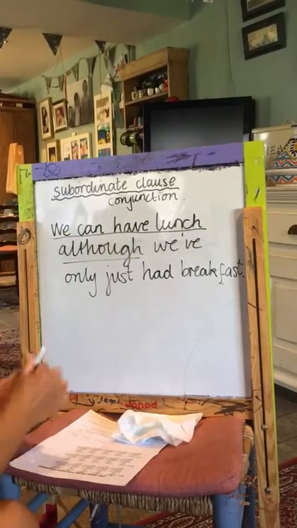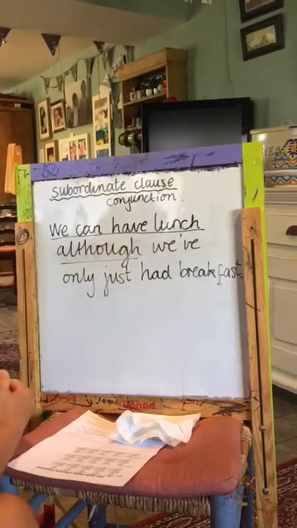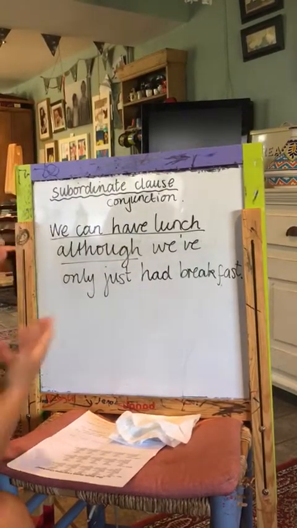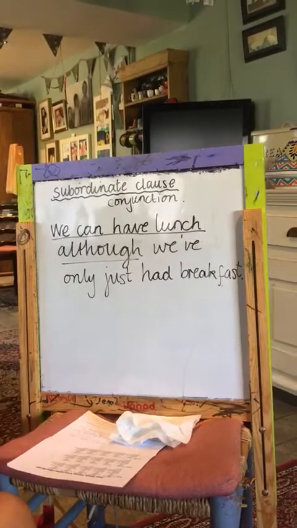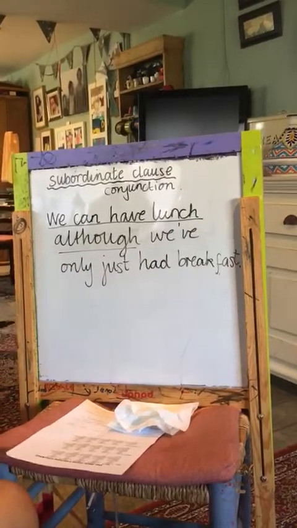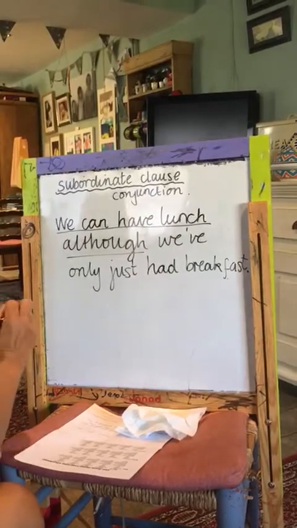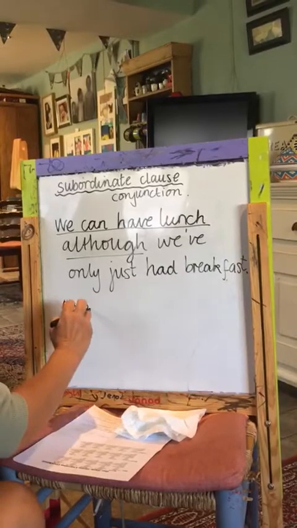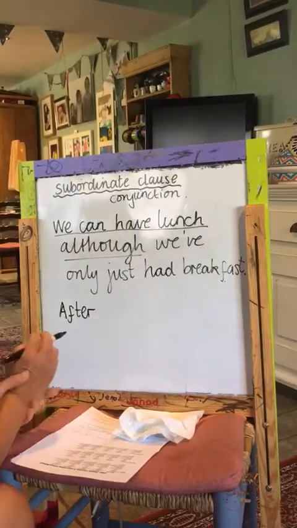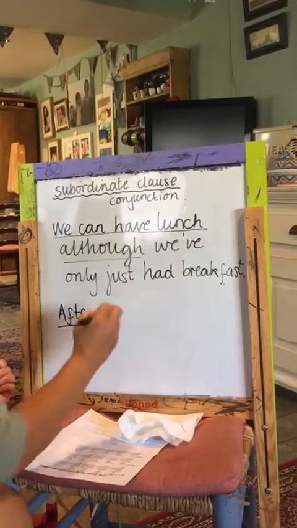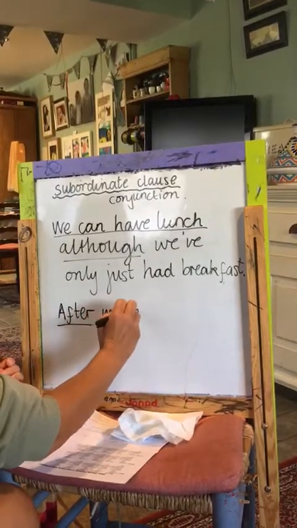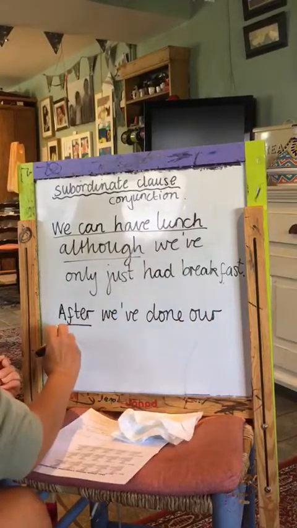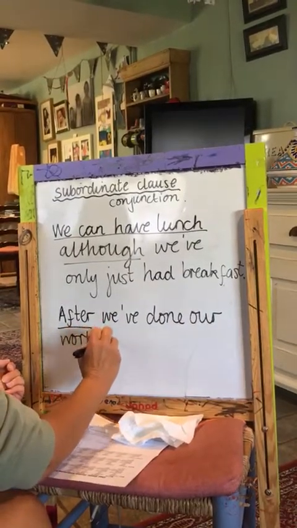What I love about these is that you can also vary where you put your conjunction. So what we could do is still stick with our main clause, we can have lunch, and this time I could use a different conjunction, and I can put it at the beginning of the sentence. After, there's one of my conjunctions from my I saw a wabab list. After we've done our work, we can have lunch.